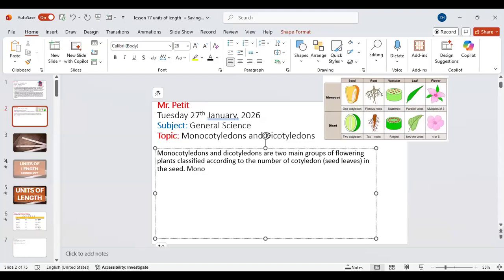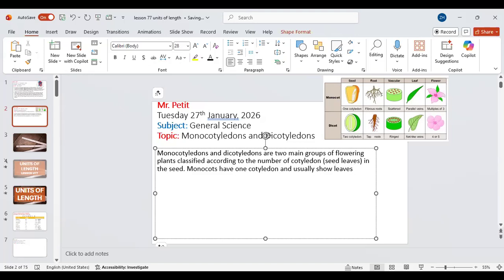So monocots have one cotyledon, right? And they usually show leaves with what type of venation?